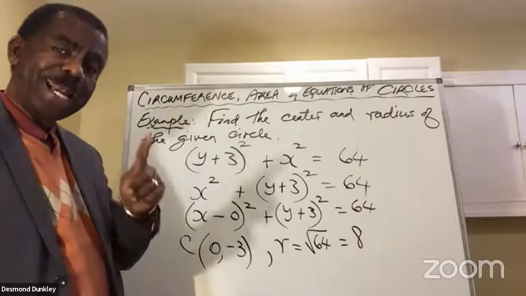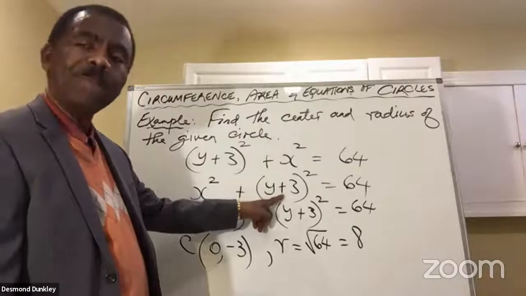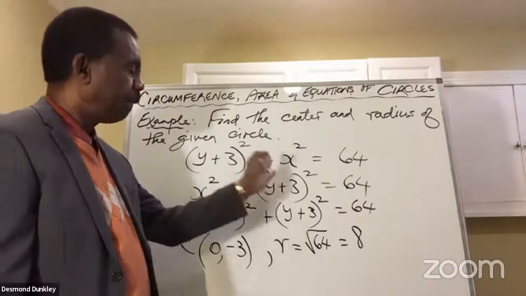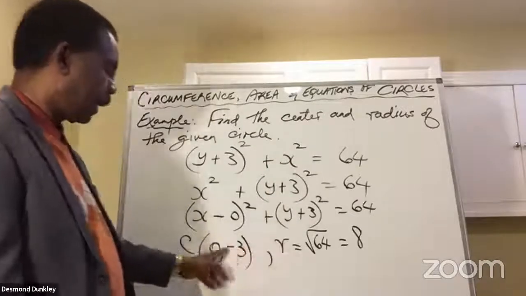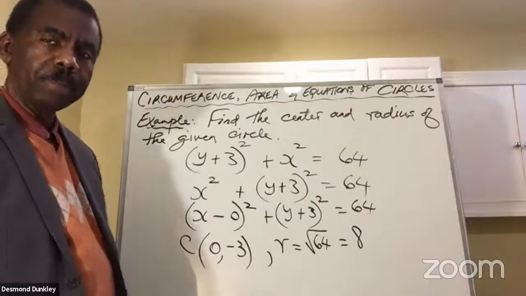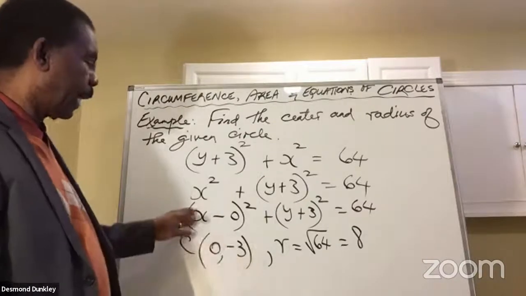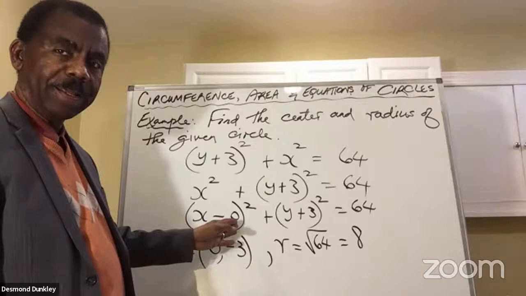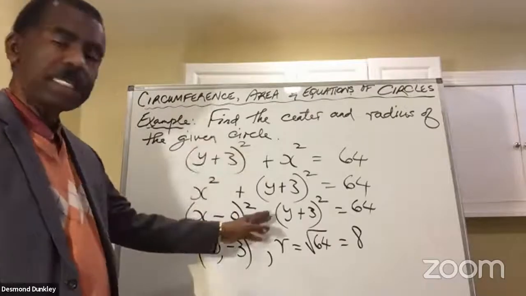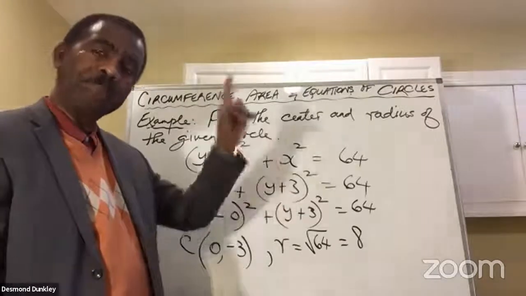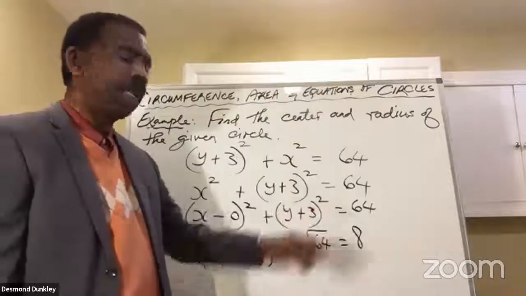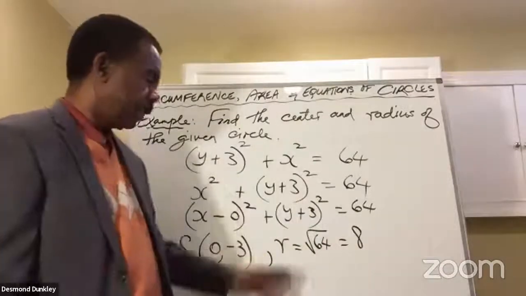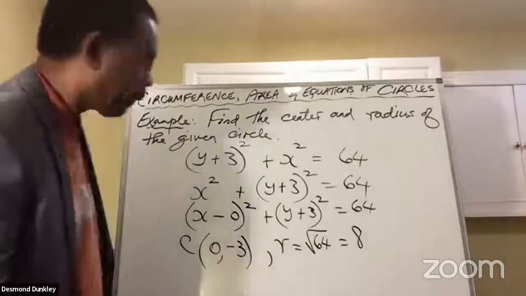So it's for you to realize that in order to have a plus here, the value for y must have been negative. Because the format says x minus a squared plus y minus b squared is equal to r squared. So that's what that is. Let's look at another example.